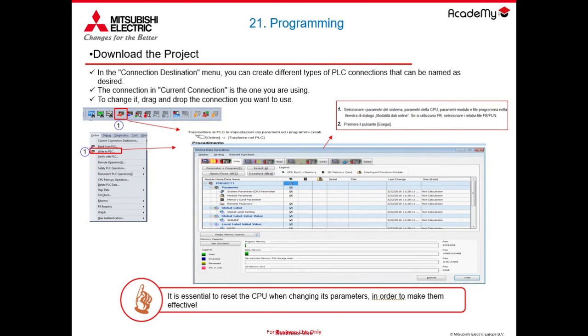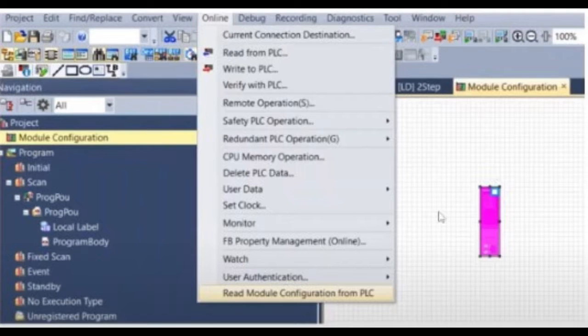Let's see what the next topics are. Here it's clearly the same thing. We just performed a write, we could do a read and then a project upload. Here too, once a connection with the PLC has been established, it's possible to automatically detect the configuration of the modules physically present on the rack.